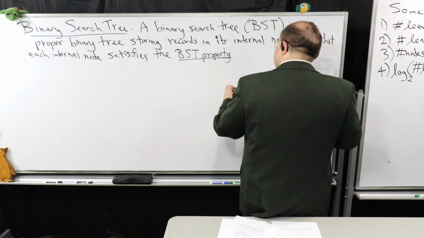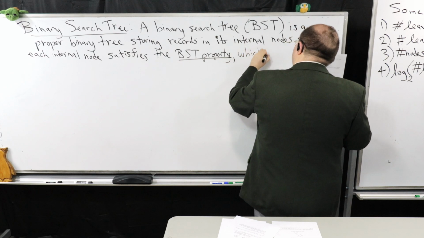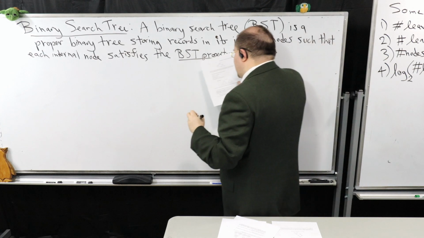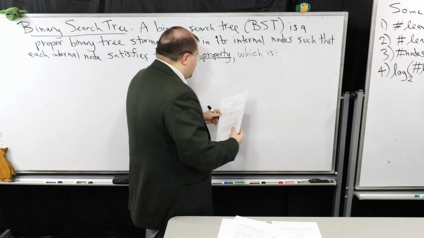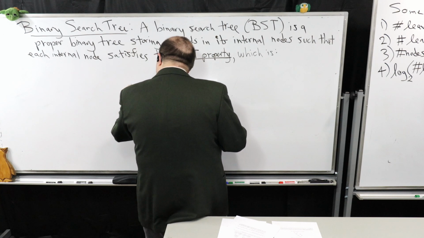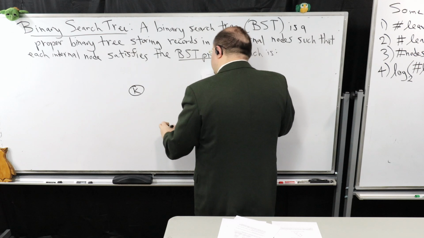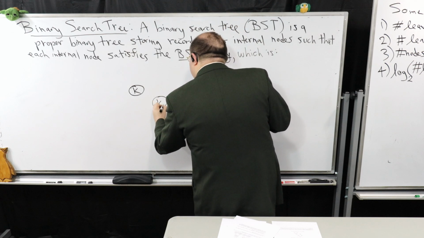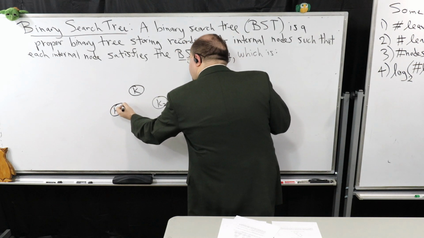So it has to satisfy this binary search tree property, which is the following. I'm going to first draw a picture, and then I'll list out what this is. So imagine I give you some node with key k. And suppose that there are 2 children with keys k1 and k2.